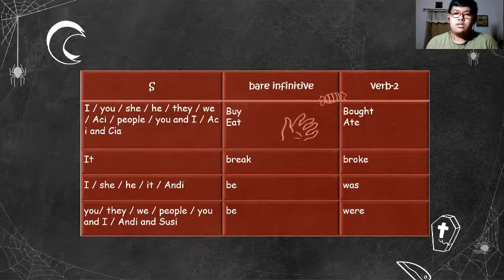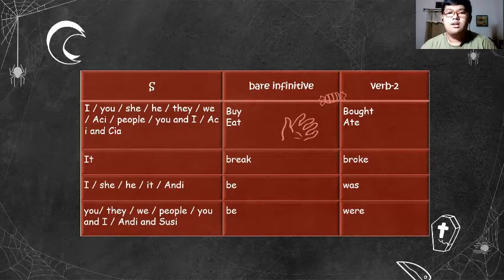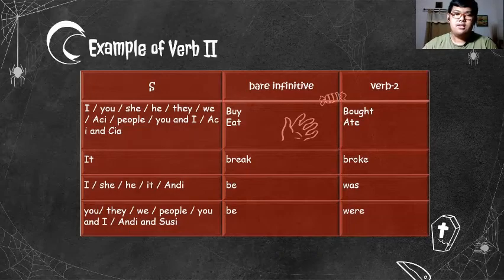The verb 2 is broke. For subject I, she, he, it, or person name, I choose Andy in this one, and then the bare infinitive is be. The verb 2 is was. For subject you, they, we, people, you and I, Andy and Susie, the bare infinitive is be, so the verb 2 is were. Yeah, that is the example of verb 2.